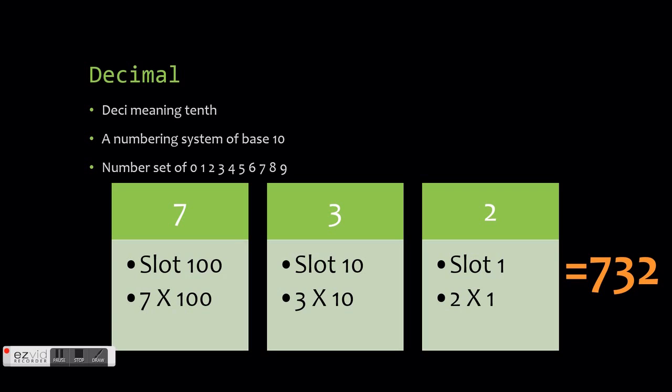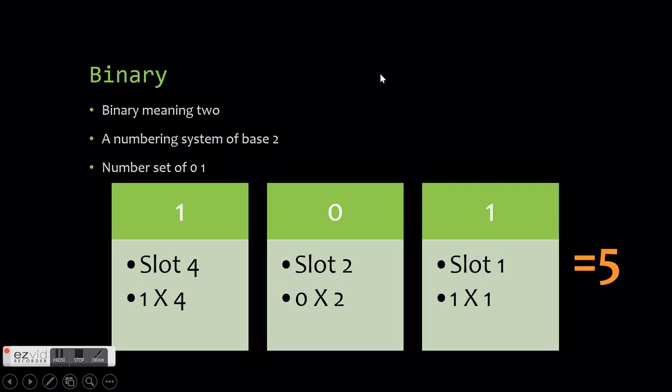We're going to apply this same strategy to binary numbers. While decimal meant 10, binary means 2. It's a numbering system with a base of 2. There are only 2 numbers in this numbering system, 0 and 1. Looking at the very far right slot, it is 1.